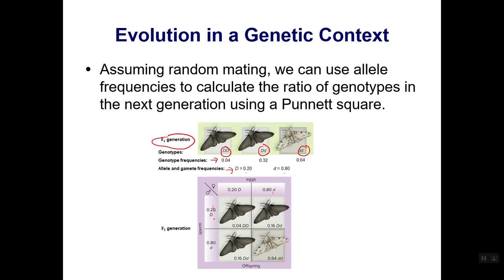We would drag where they intersect. So mathematically, what we would be doing is multiplying. So 0.2 times 0.2 is 0.04. And that would be for big D, big D in the next generation. Moving to the next one, 0.2 times 0.8 is 0.16, and that would be for heterozygotes. We do the same thing here. 0.2 times 0.8 gives 0.16. And again, 0.8 times 0.8 gives us 0.64.